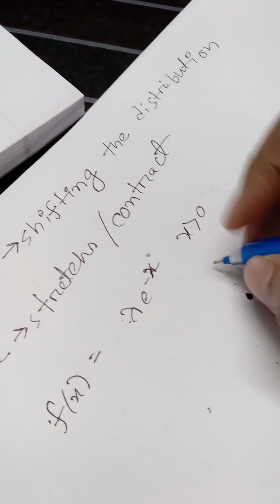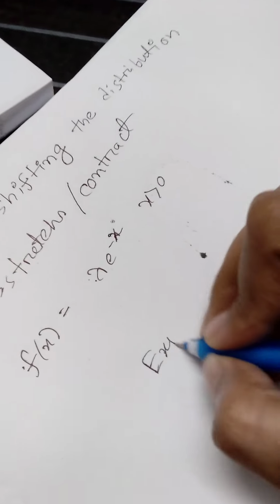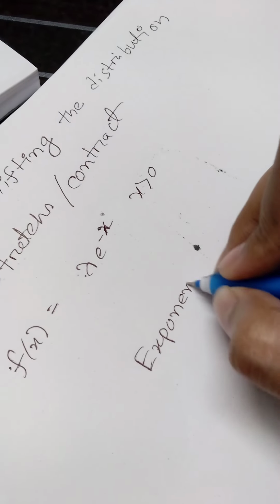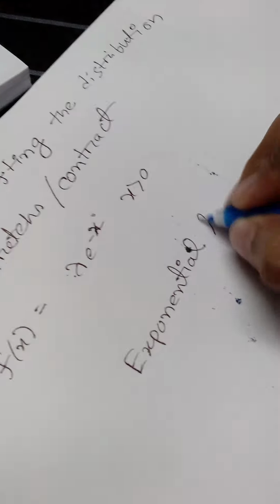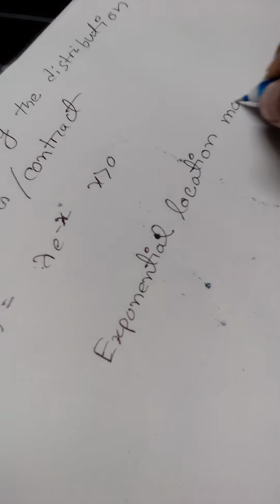And from this one, how can we draw an exponential location model?